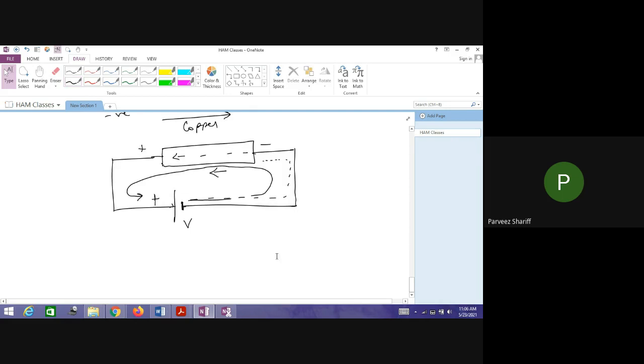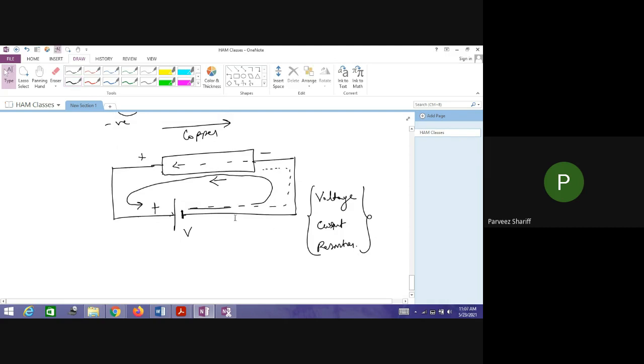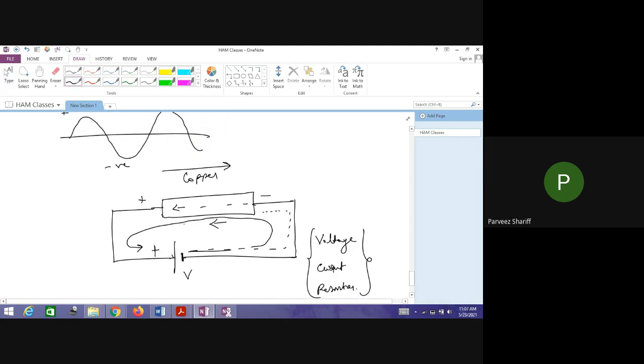Why we are discussing this point is that I'm trying to relate the three terms: voltage, current, and resistor. I'll come to this point later. First understand how the electrons are moving.